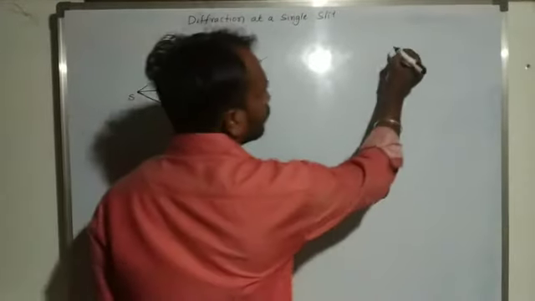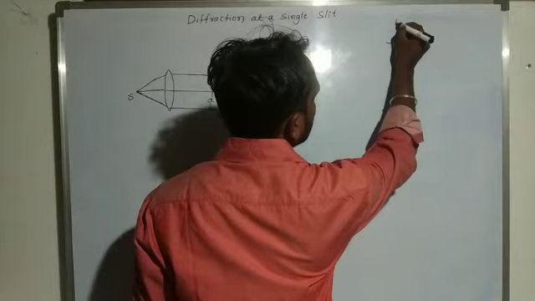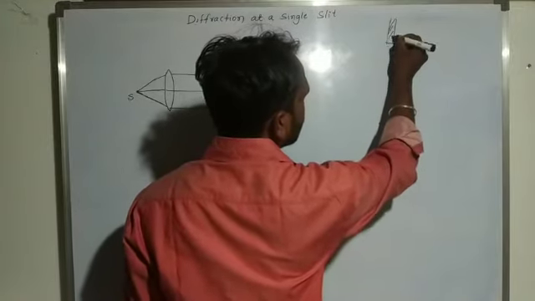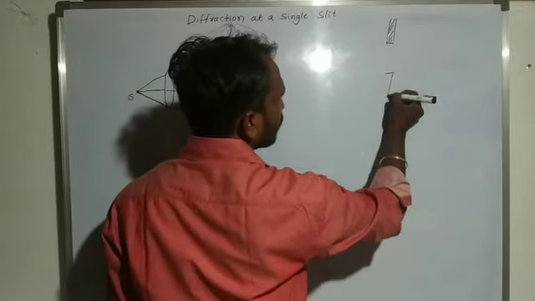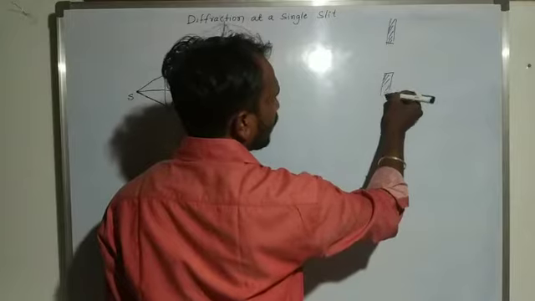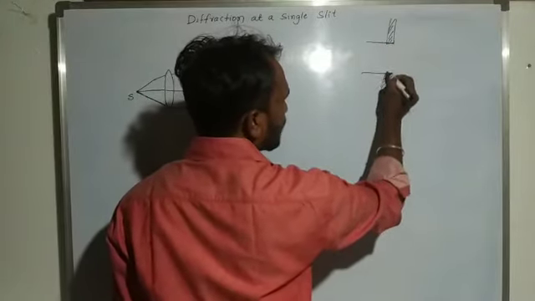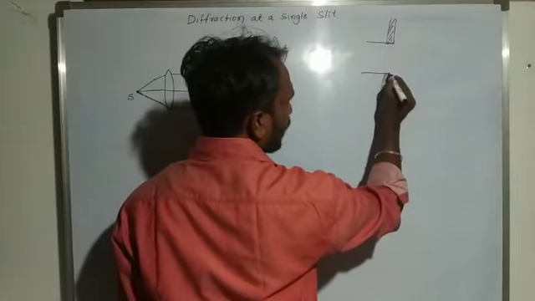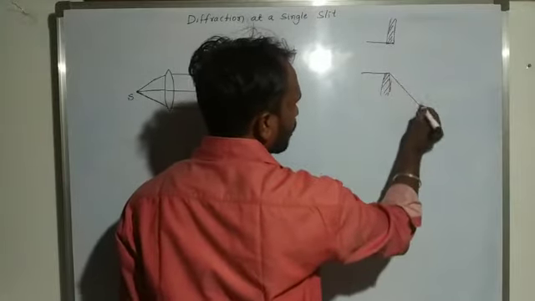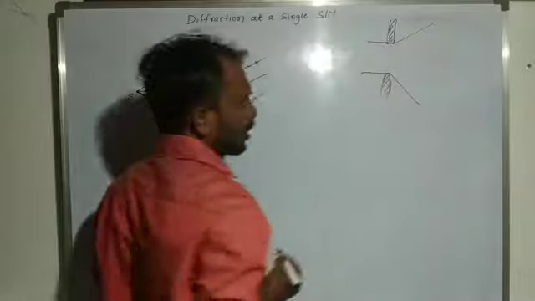This one is a single slit. Whenever light rays are incident at the edge of an obstacle, the direction of the light ray changes.